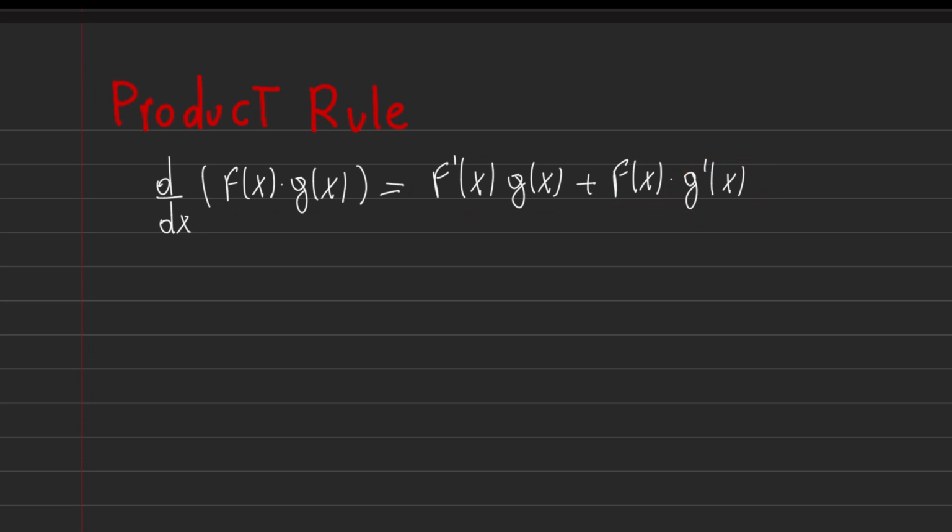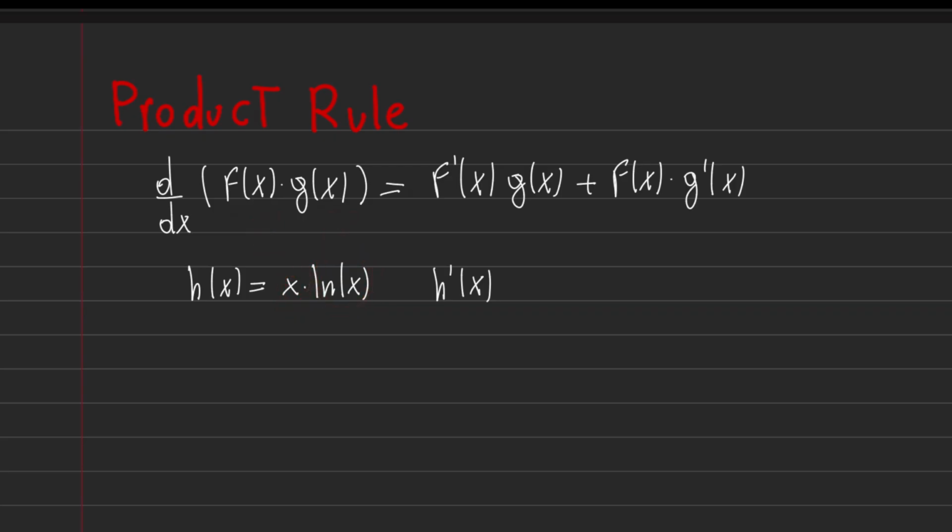Let's try to apply this rule to the following function, h of x equal to x times ln of x. And I want to compute h prime of x. So we have a product of two different functions, and x is going to be my f, and ln of x is going to be my g of x.